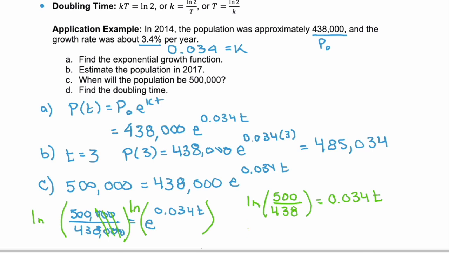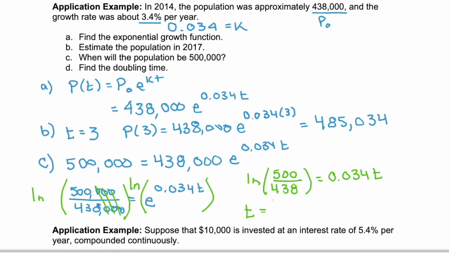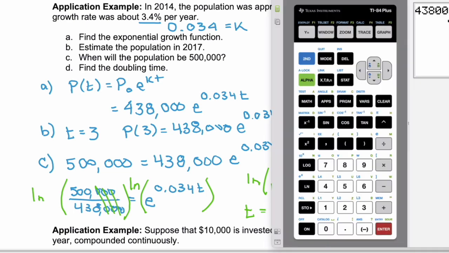And then solving for t, we would divide both sides. So t is going to be equal to the natural log of 500 divided by 438 over 0.034. And we're going to go back to our calculator for that.